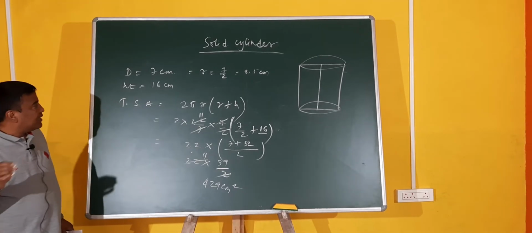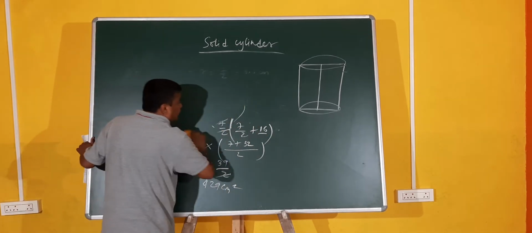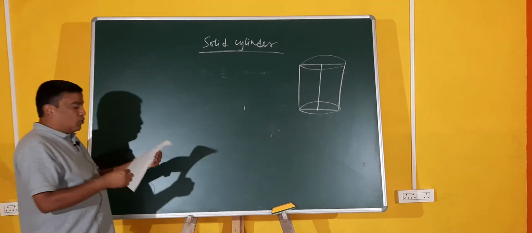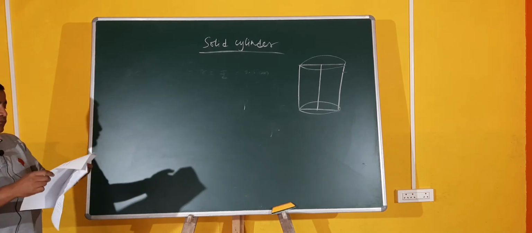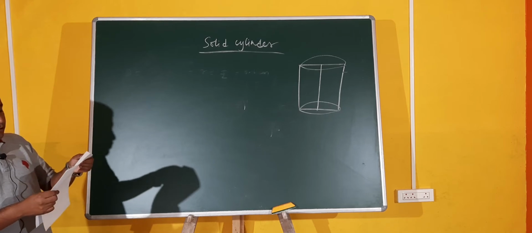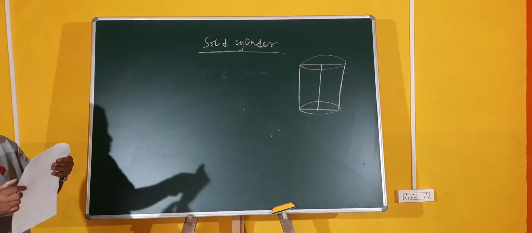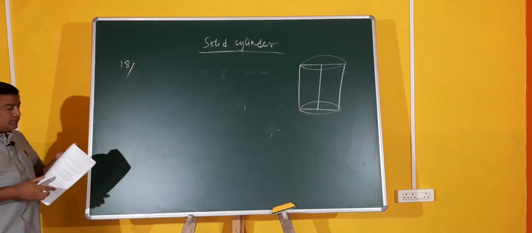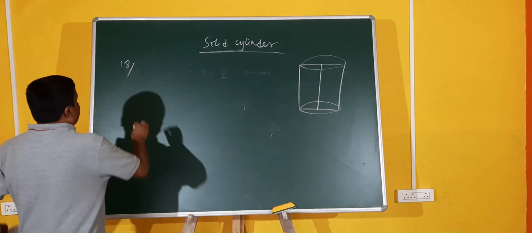Now let us do one ICC question from cylinder. ICC 2018. The circumference of the base of the cylindrical basin is 132 centimeter.